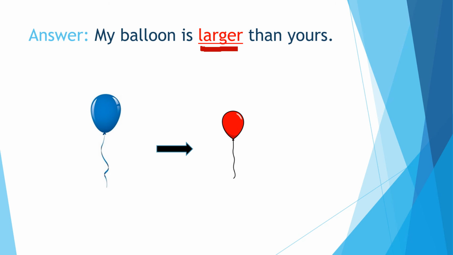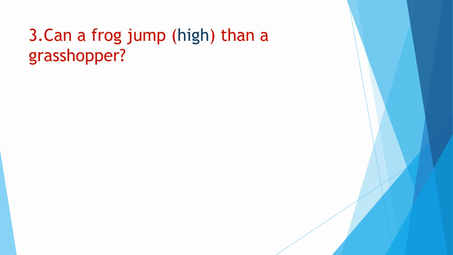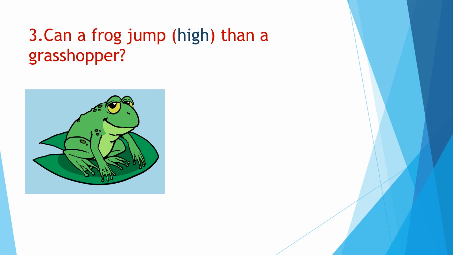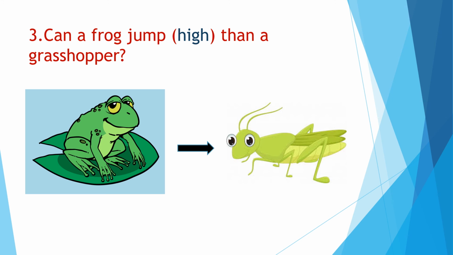So let's move on to the third one. Third question, can a frog jump higher than a grasshopper? Here we are comparing frog with the grasshopper. So the comparison is happening between two animals.